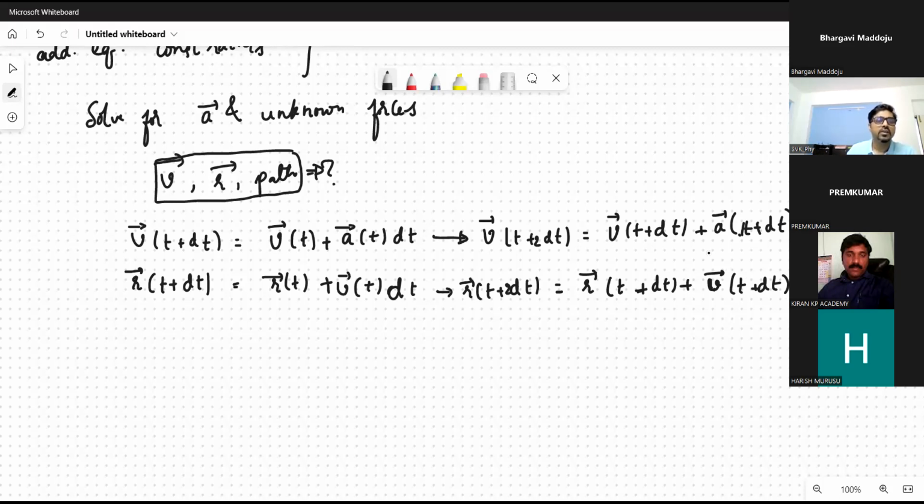Simply you write, this is a sequence you have. At t plus 3 dt you can calculate as e plus 4 dt, t plus n dt, and so on. Otherwise, in general, we'll write like this.